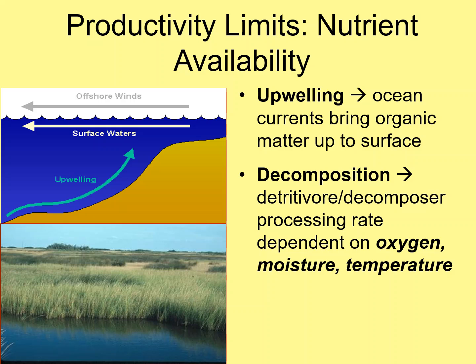But in all honesty, most of the organic nutrients, especially nitrogen and phosphorus, that are out there are being freed up because decomposers are taking dead things and breaking them down into their component pieces. And that means that those limiting nutrients are then available for use by primary producers and other living things.